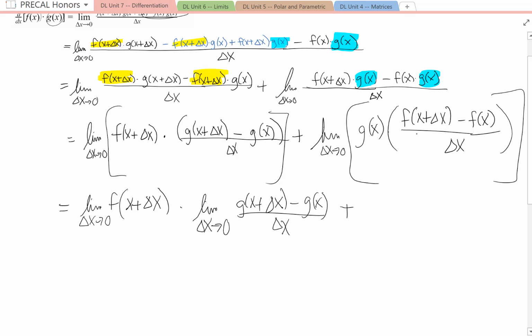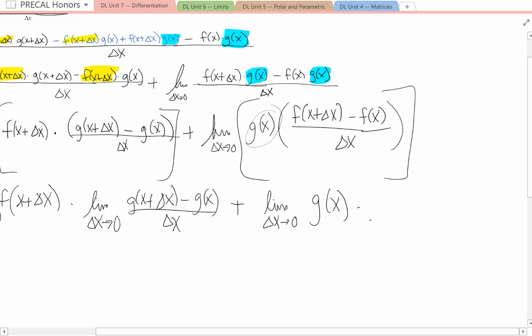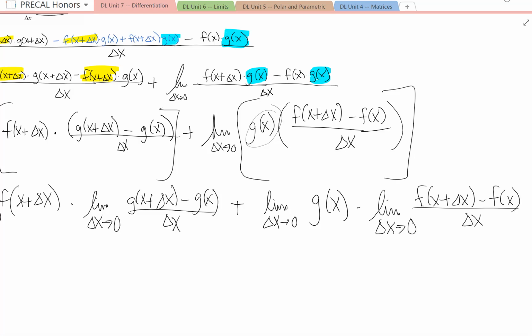Then we'll add that. Here you'll have the limit as delta x approaches 0 of g of x times the limit of this fraction, which is actually another way of writing f prime of x.